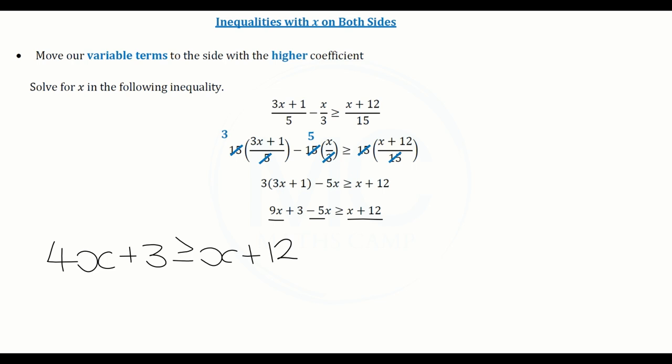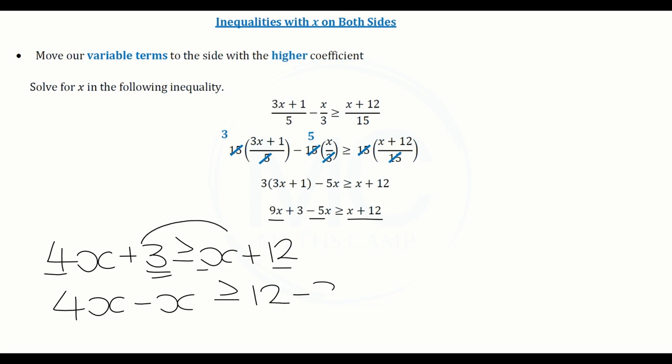Now we can get our x terms on the same side of the inequality. 4 is greater than 1, so we can say 4x. Let's move x, so we say minus x is greater than or equal to 12, which is already here. Let's move this 3 across, so we say minus 3.